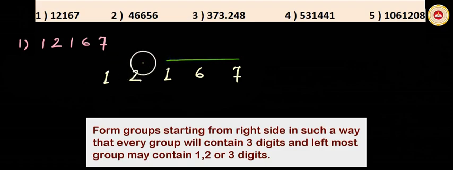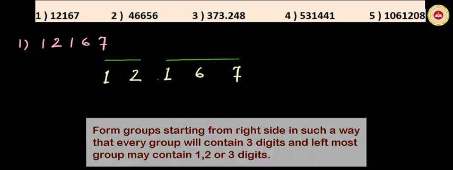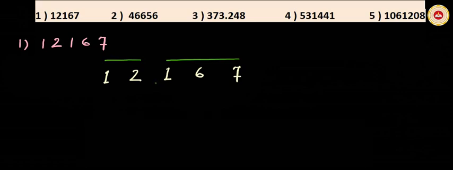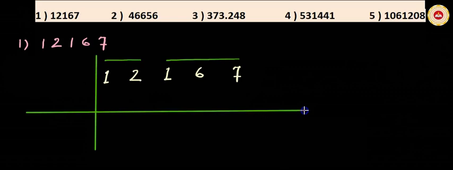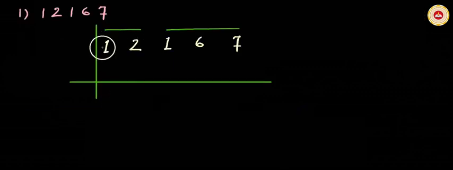The leftmost group may contain 1 or 2 or 3 digits. So this is the right group and this is the left group. Now let us draw a vertical line and a horizontal line.